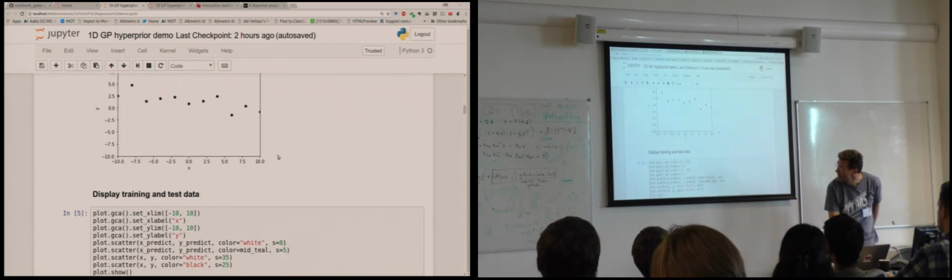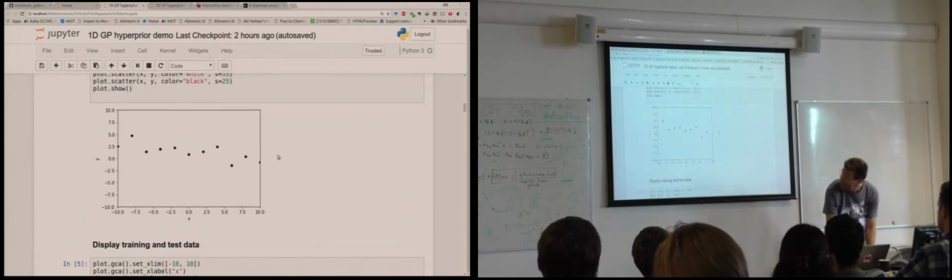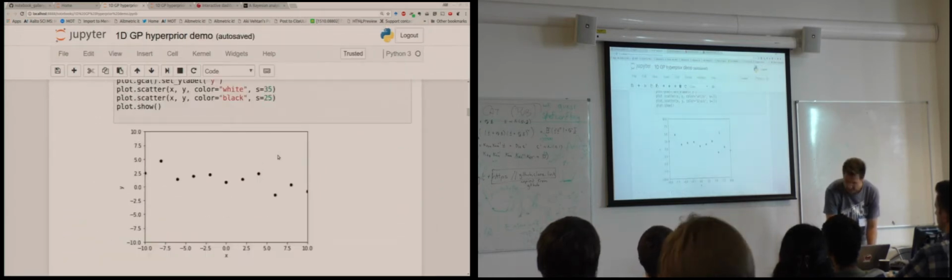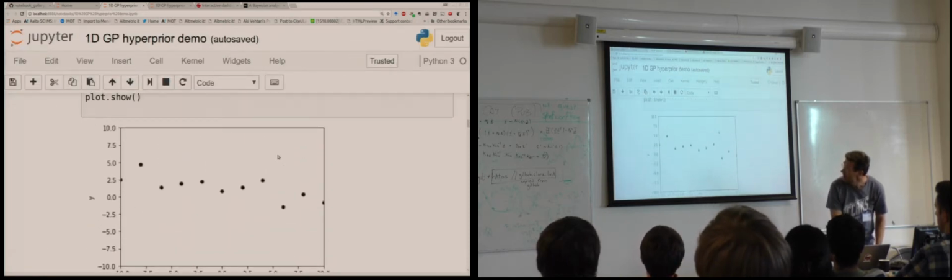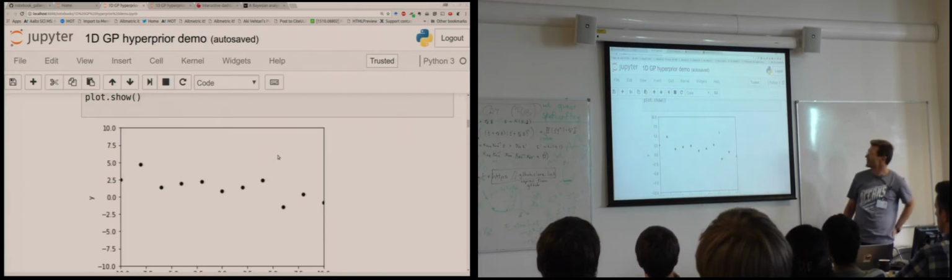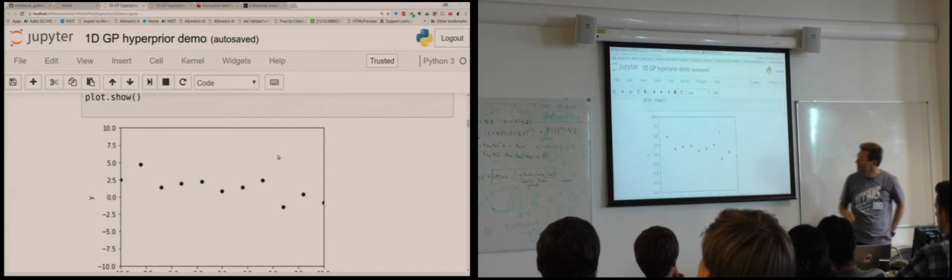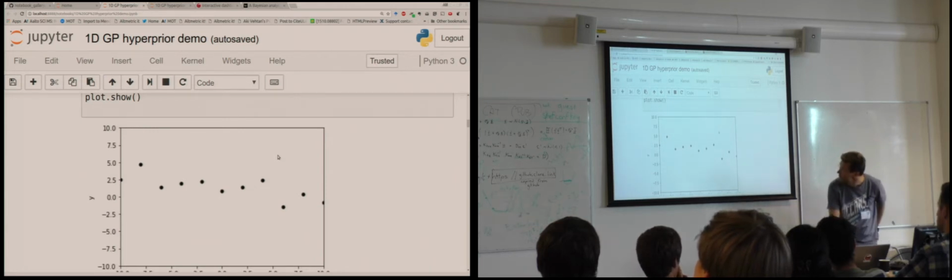So we have here the same data I had there on the slide. And it's still kind of unclear what the function might look like.